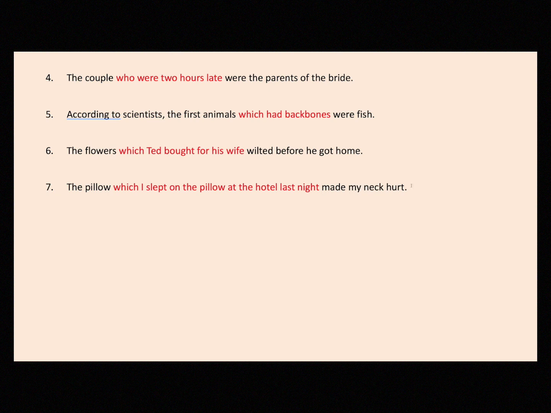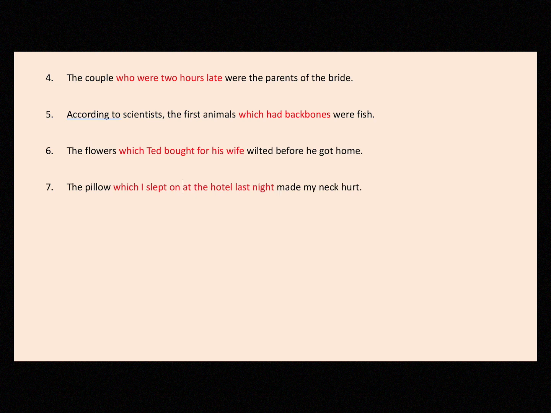Okay, here comes the same problem, that is, the pillow appeared once already, and then which is to refer to the pillow, and then again now we're talking about the pillow, and that's why the pillow here can be deleted because which has replaced it already.